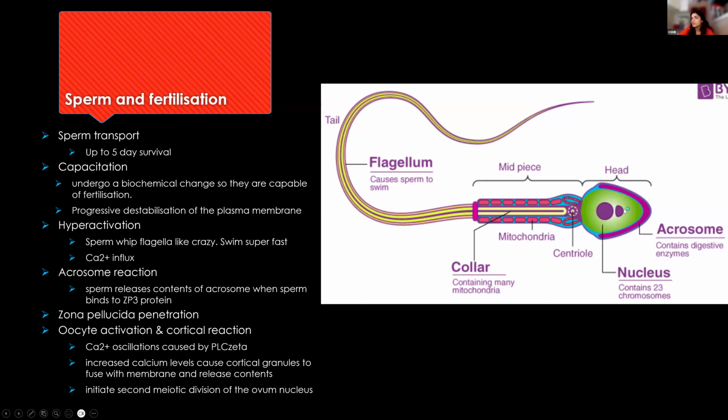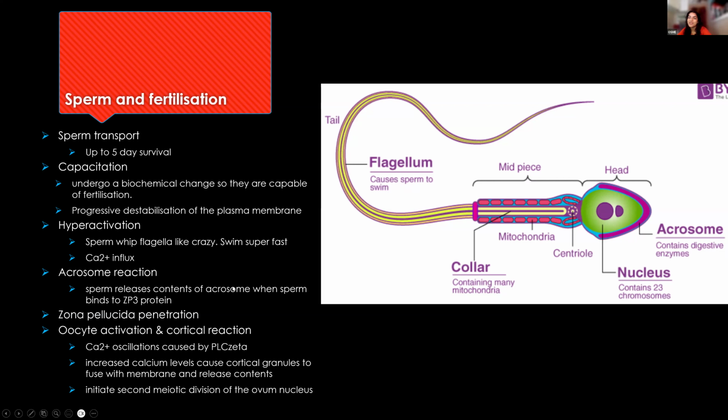So this is the acrosome. This happens when it binds to the ZP3 protein on the zona pellucida of the oocyte. This allows the sperm to actually penetrate the oocyte, and upon penetration, this activates the egg, and various reactions happen, which make the oocyte membrane impermeable to prevent polyspermy and any issues with chromosome numbers that could happen as a consequence.